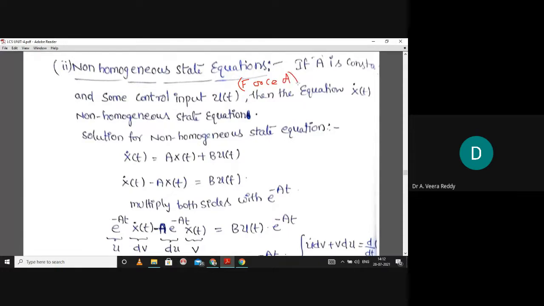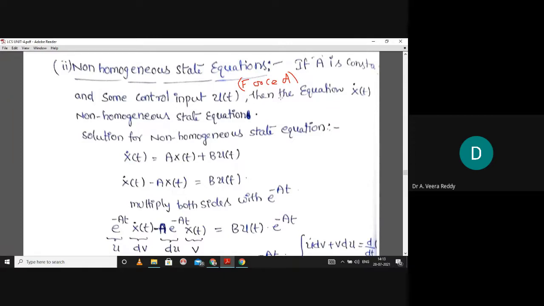So these are the forced systems. Here the control input vector u of t exists. So if A is a constant and some control input u of t exists, then the equation x dot of t is a non-homogeneous state equation.